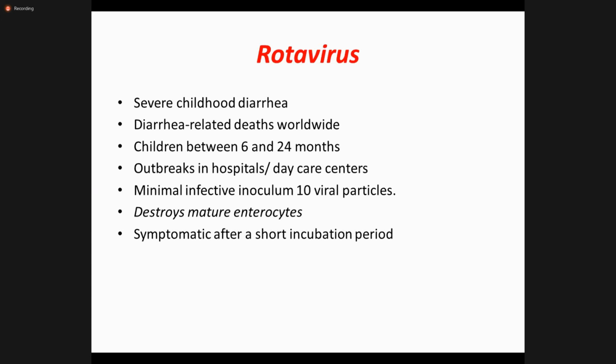Dehydration is very common, and rotavirus infections can occur throughout life. The first usually produces symptoms, but subsequent ones will be asymptomatic. Due to the immunity acquired in childhood, adults are not susceptible to rotavirus infection.